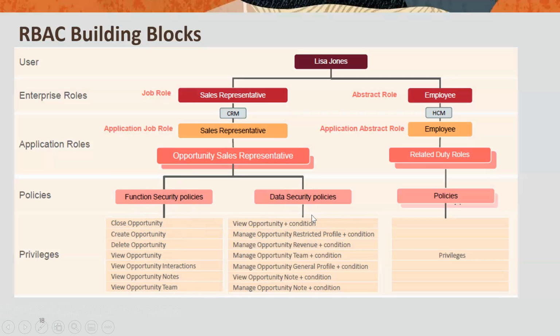When it comes to data security policies, here you can see a functional security policy plus a condition. This condition represents which data she can see. If we put a condition that she should see her own data, then she will see all the opportunities owned by her.